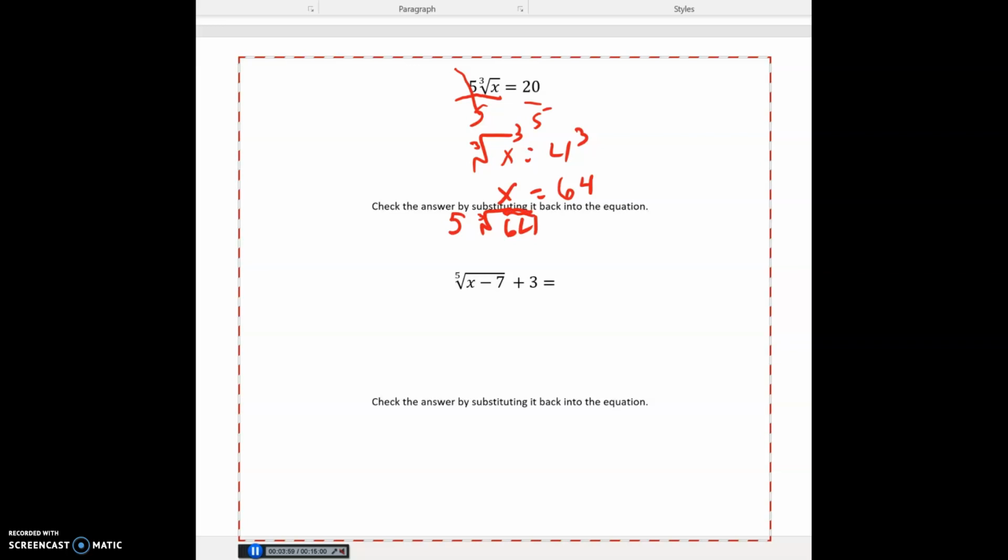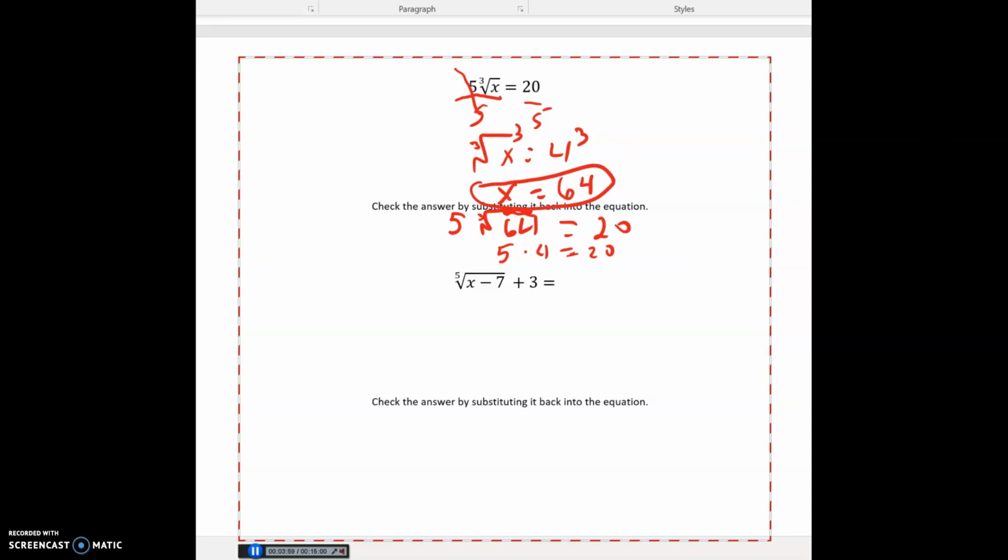It's a little hard to use this stylus, so I apologize that it's a little messy. When you do the cube root of 64 on a calculator, you get 4. 5 times 4 is 20. We know we got the right answer. x is equal to 64.